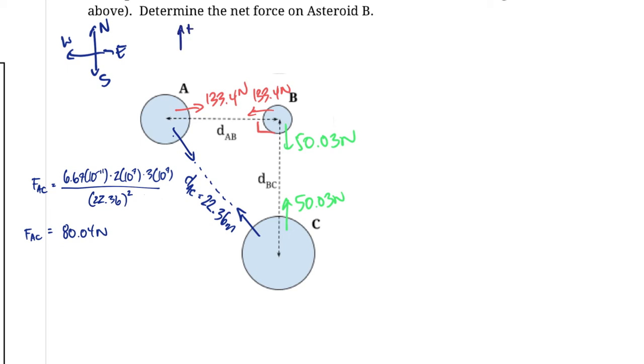Let's make up positive and right positive. What type of question does this make you think of? Again, start with asteroid A. See if you can now come up with the net force that's exerted on asteroid A, and see if you can do it. So pause the video here, try it yourself, and see if you come out with an answer for asteroid A.